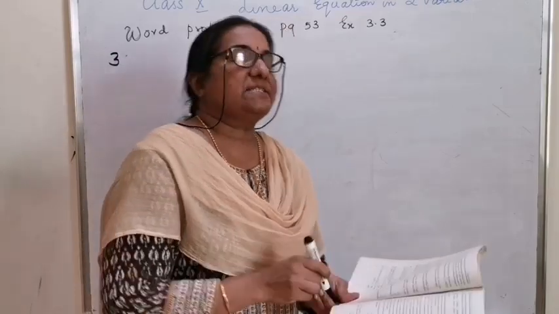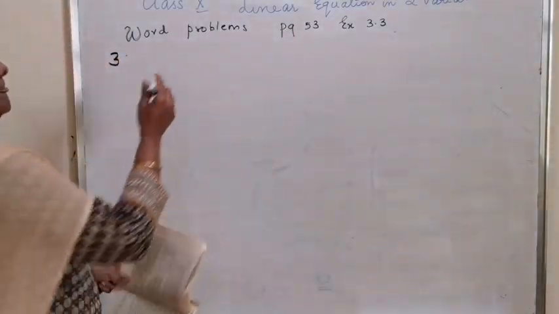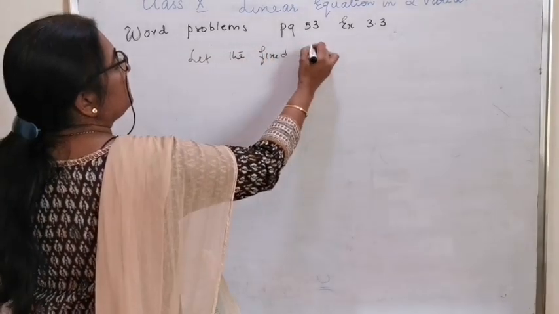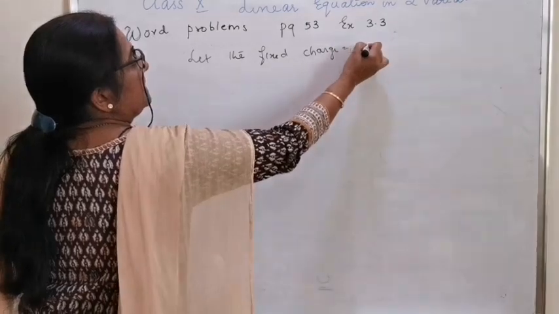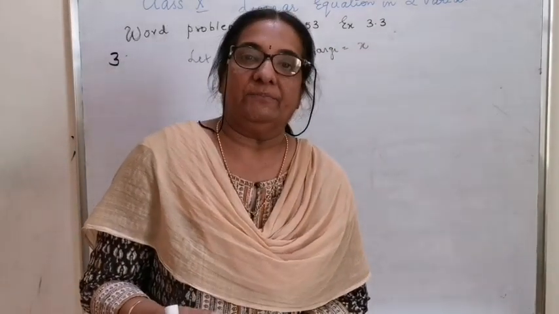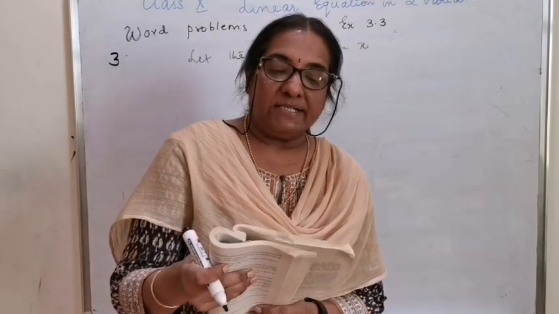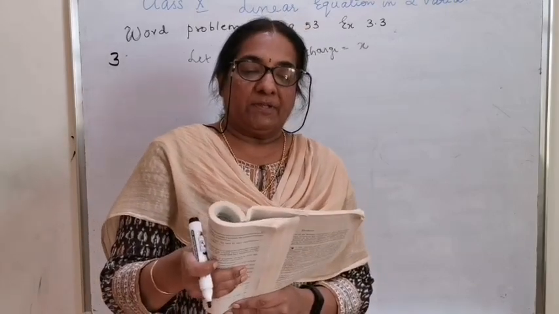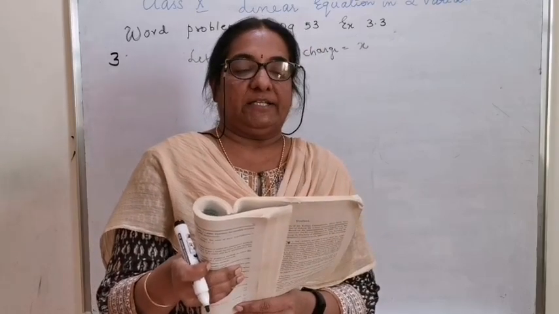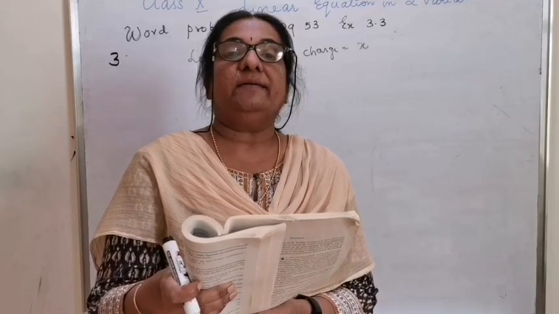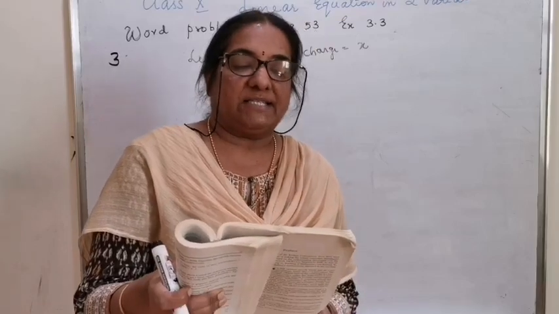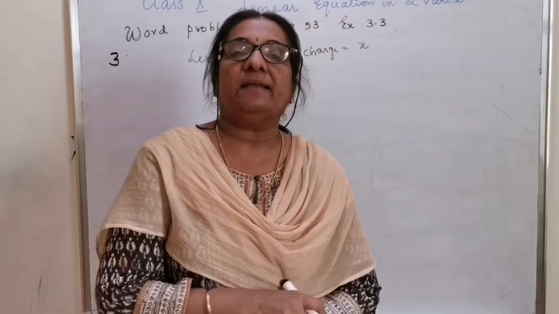So, let the fixed charge be x, and later on they will charge per kilometer. For a distance of 10 kilometer, the charge is 105, and for a journey of 15 kilometer, the charge paid is 155. The question is, what are the fixed charge and charge per kilometer?